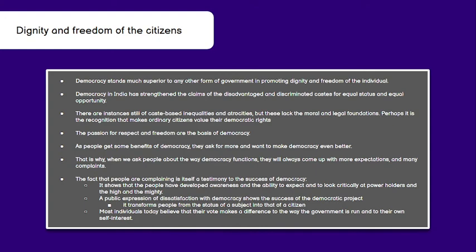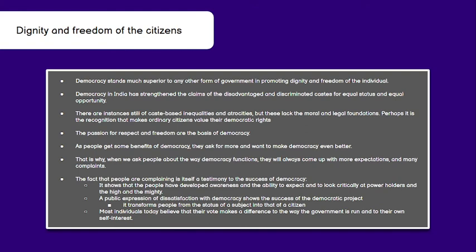As we know, we have reserved constituencies in every field of our country. There are instances still of caste-based inequalities and atrocities, but these lack moral and legal foundations. Perhaps it is the recognition that makes ordinary citizens value their democratic rights. So the passion for respect and freedom are the basis of democracy.